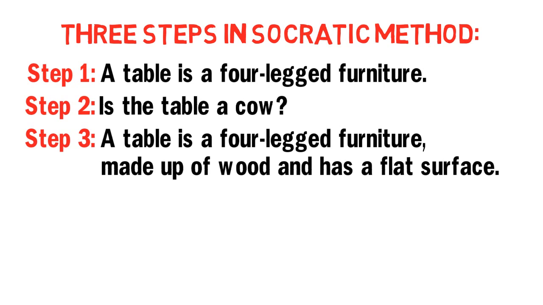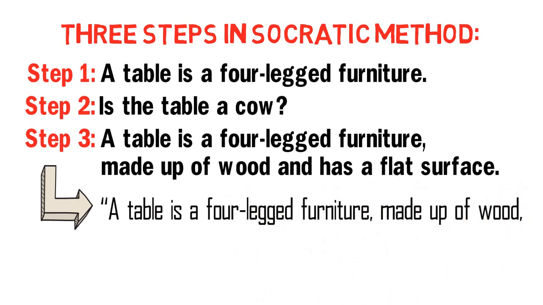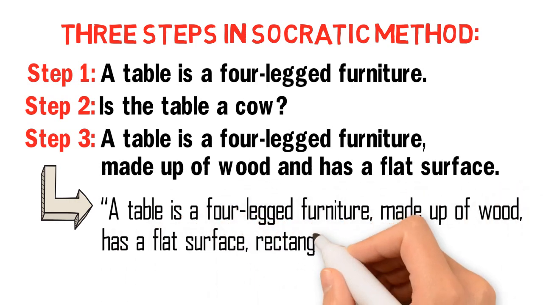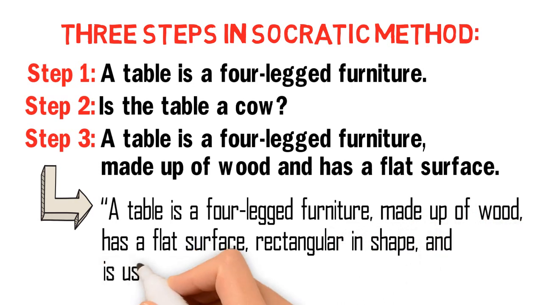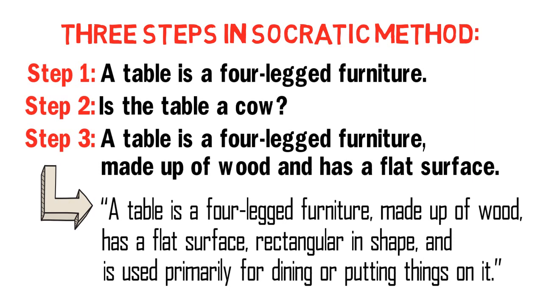Indeed, that which makes a table completely different from any other things, such as a cow or a chair. Thus, we may say, a table is a four-legged furniture made up of wood, has a flat surface, rectangular in shape, and is used primarily for dining or putting things on it.